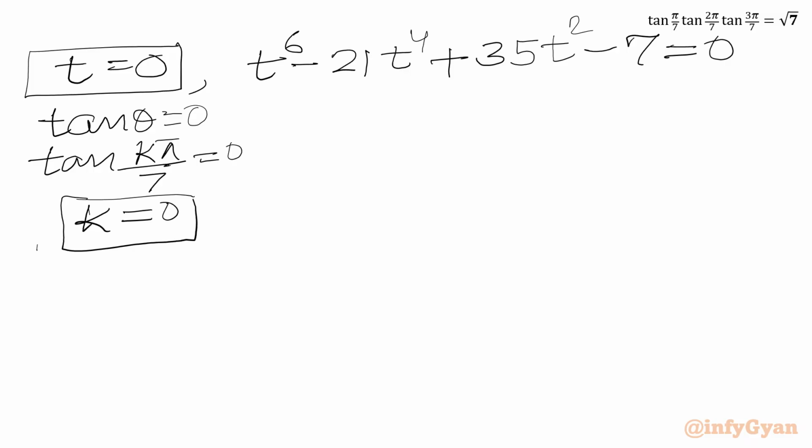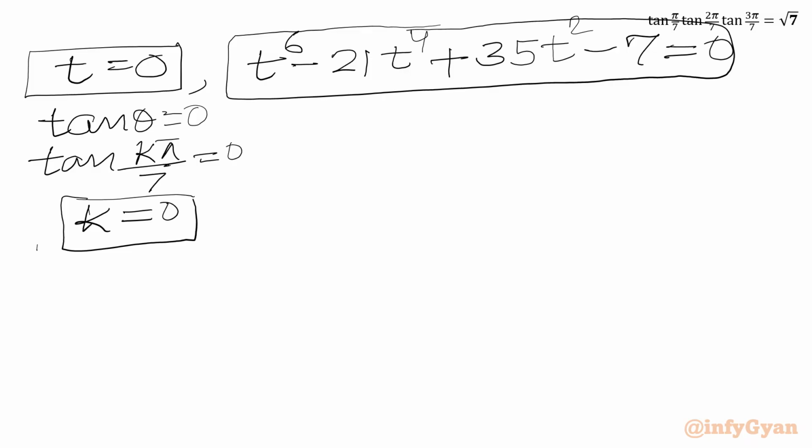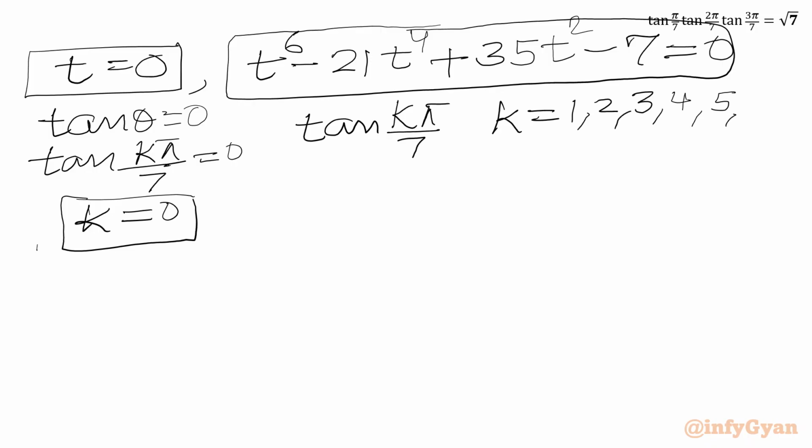Now if I consider our hexic equation, this equation, then I can write here tan of k pi over 7 for the values of k equal to 1, 2, 3, 4, 5, 6. Let's write. For k equal to 1, we write tan pi over 7.